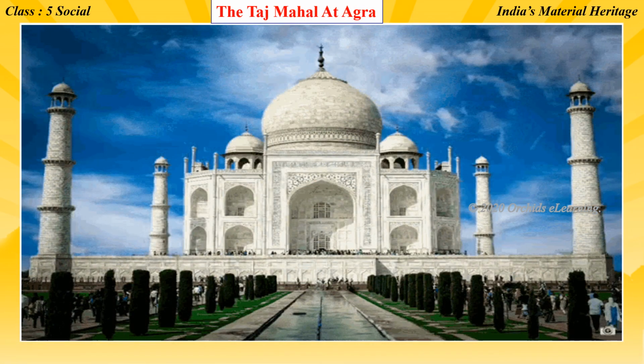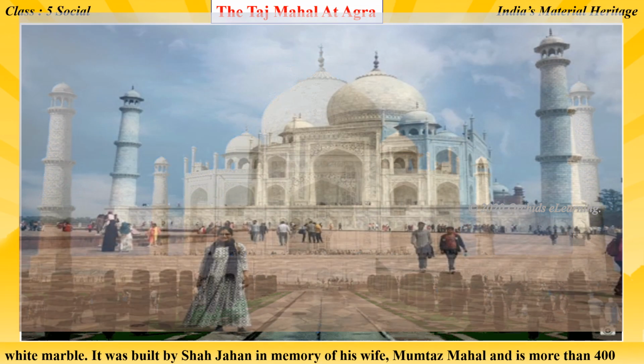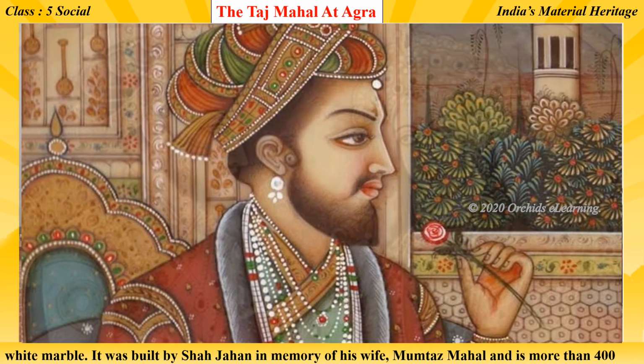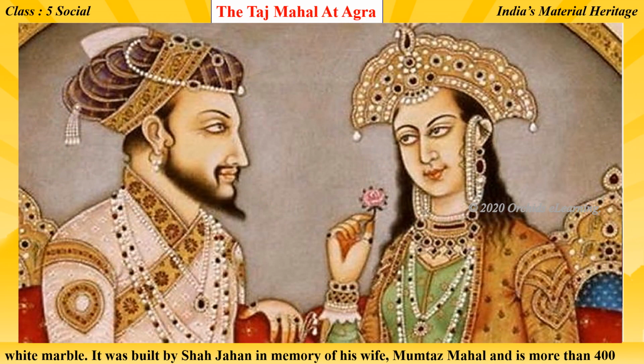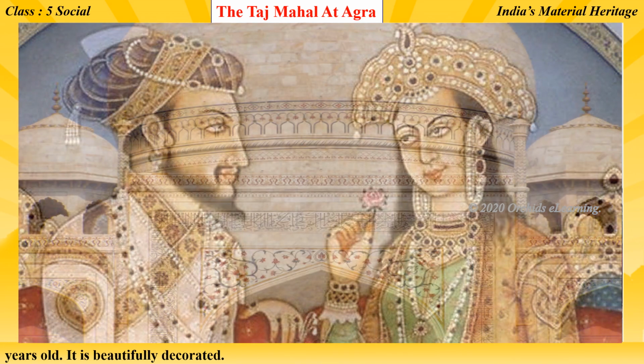The Taj Mahal at Agra. The Taj Mahal, in Uttar Pradesh, is one of India's most famous monuments. It is a huge building made of white marble. It was built by Shah Jahan, in memory of his wife, Mumtaz Mahal, and is more than 400 years old. It is beautifully decorated.